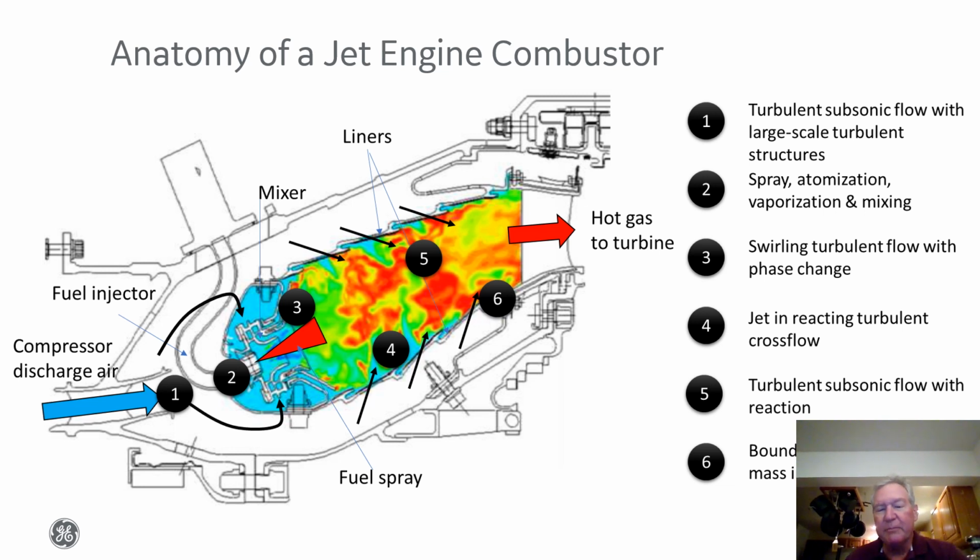By this time, we expect all the combustion reaction to have taken place. The other thing that we point out in this chart is that there is a boundary layer along the inside surface of the liner that's composed of cooling air, but there can also be combustion reaction associated with those boundary layers. So it gives you sort of an appreciation for the complexity of the flow field in this type of combustion system.